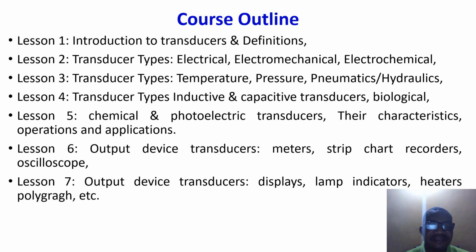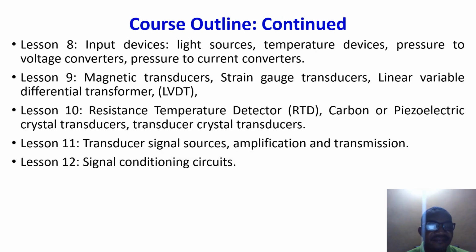In Lesson 6, we will discuss output device transducers, meters, strip chart recorders, oscilloscope. In Lesson 7, we'll look at output device transducers, and the specific aspects will be displays, lamp indicators, heaters, and polygraphs.